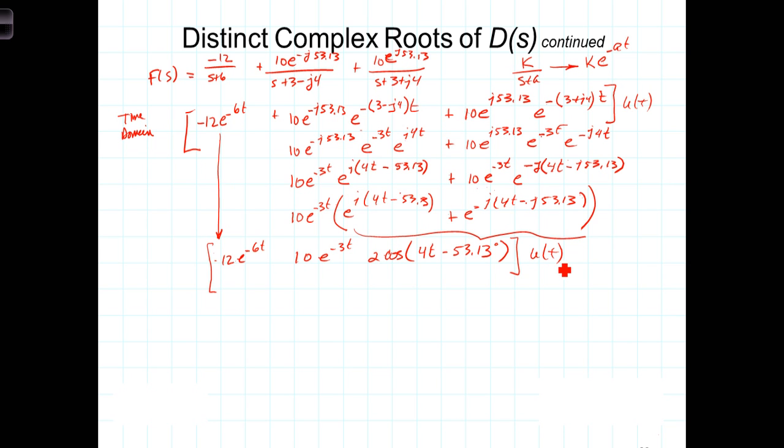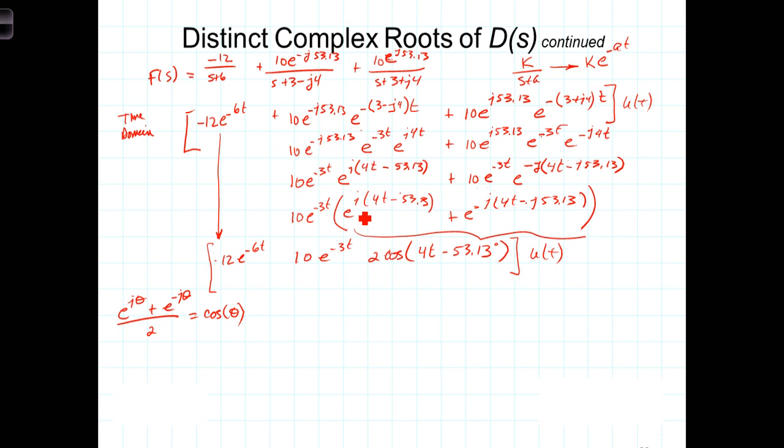Once again, this would be a good place to stop the video and just look at what's going on. Going from here to here, I used Euler's formula in the form that e to the j theta plus e to the minus j theta over 2 is equal to the cosine of theta. So again, stop the video, but look at this.